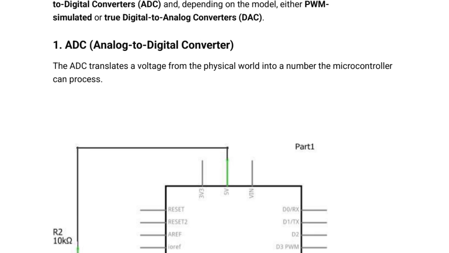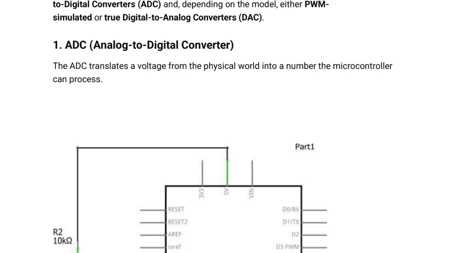The analog to digital converter translates the voltage from the physical world into numbers the microcontroller can process. For example, suppose I want to record my voice, sense the environmental temperature, the moisture of the air, or the humidity around us.